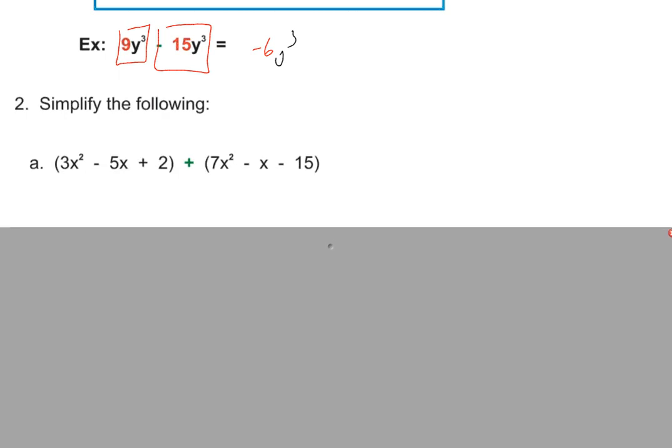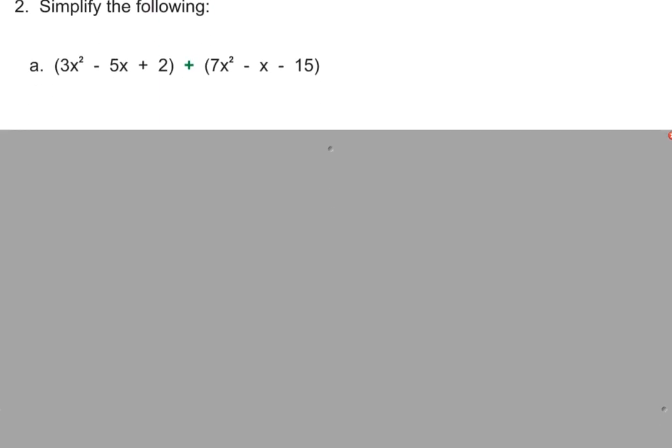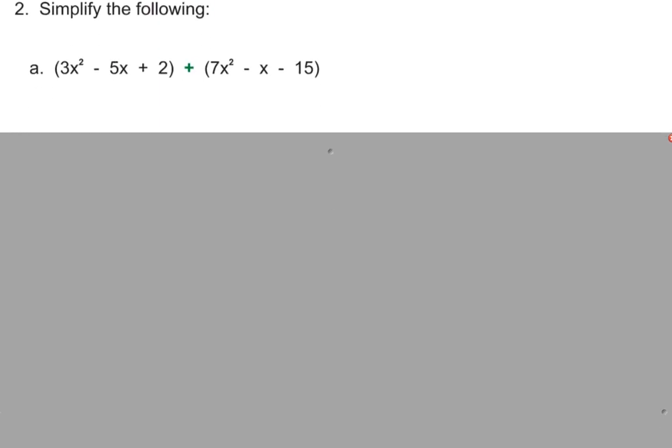Now what can give students a little bit of pause is when we use a parentheses to show the polynomial. So you can see we're adding two trinomials, agreed? But because it's addition, is either parentheses actually necessary?